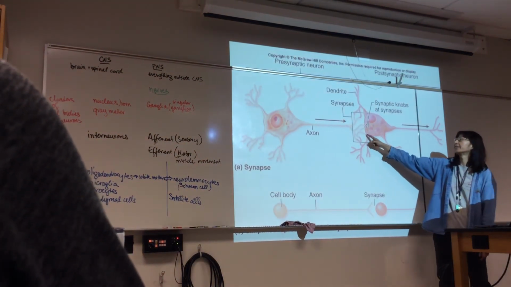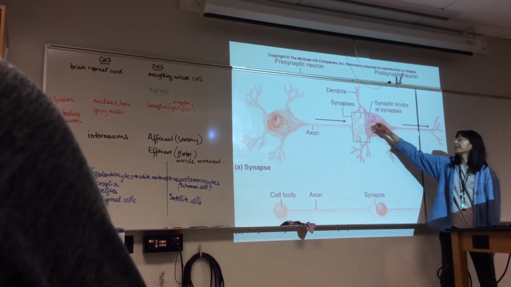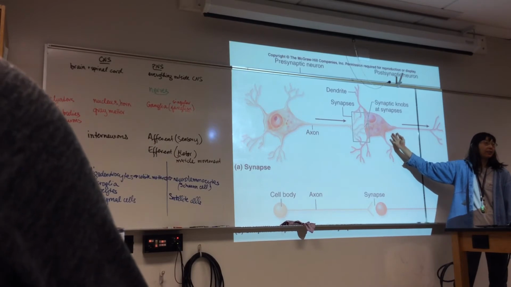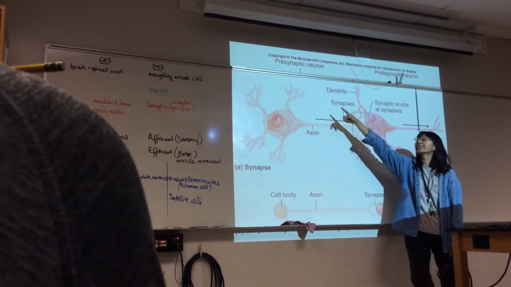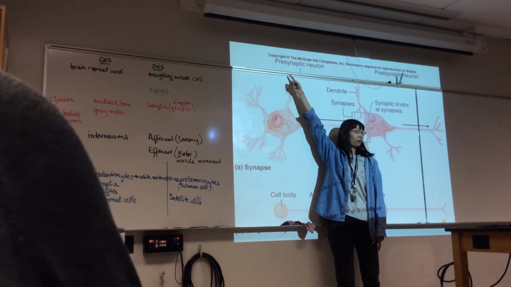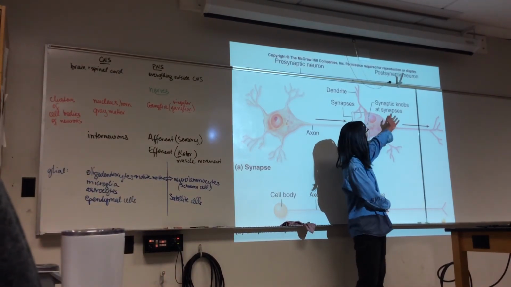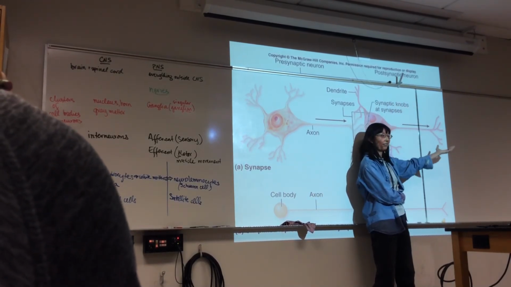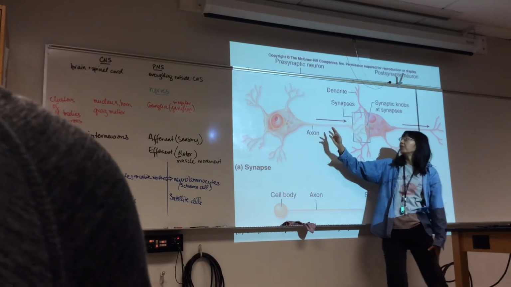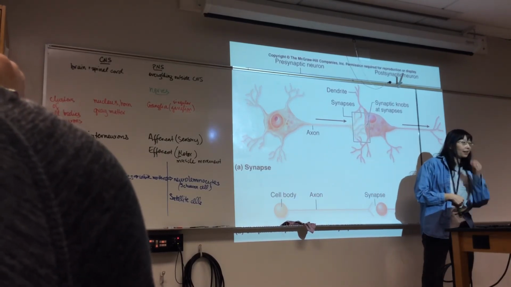The first neuron, the second neuron. What do we call the first neuron? Presynaptic. Like that word? What does pre mean? Before. What about this neuron? This is the post. What does post mean? After. So right here, where they meet up, that's a synapse.